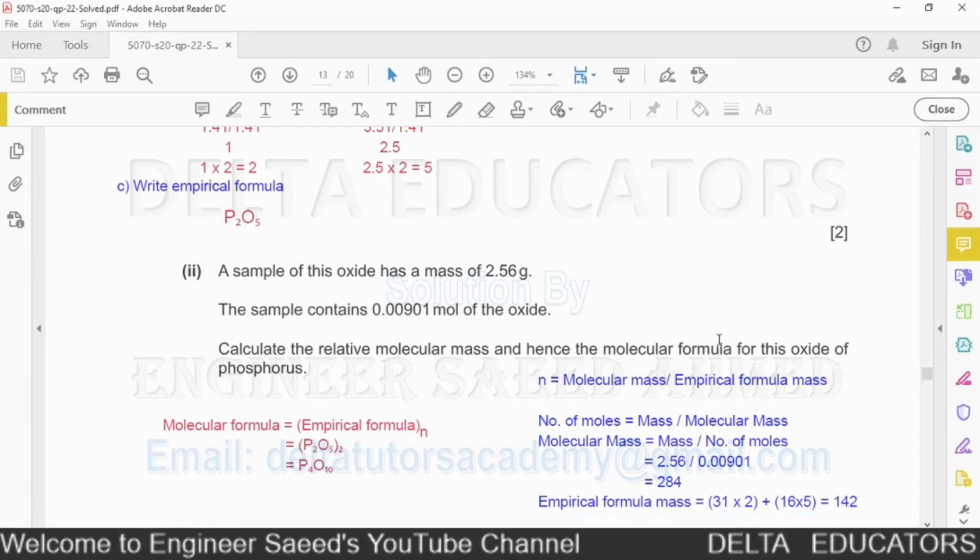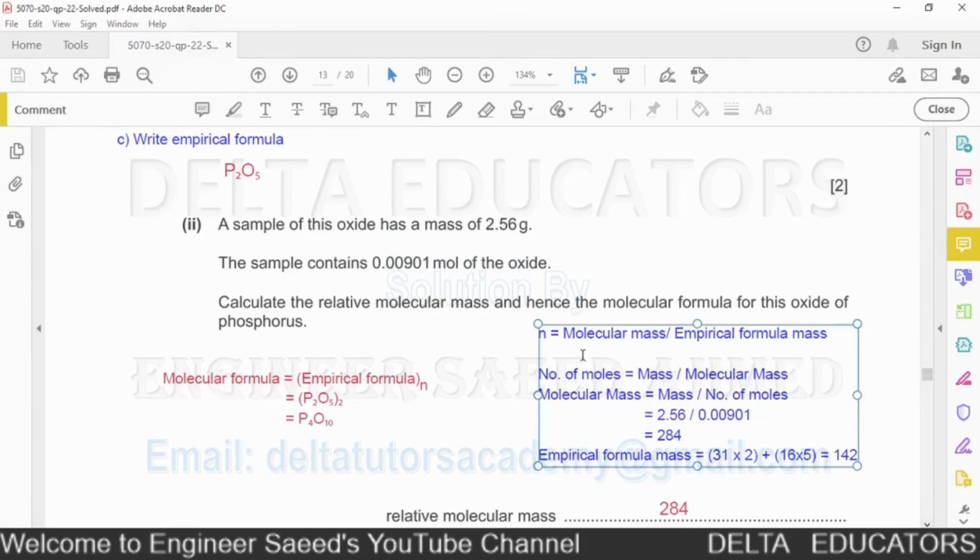Now what about the empirical formula mass? Empirical formula we have already calculated, it is P2O5. Empirical formula mass will be the mass of all the atoms present in this empirical formula. So it will be 31 multiplied by 2. This 31 is the atomic mass of phosphorus.